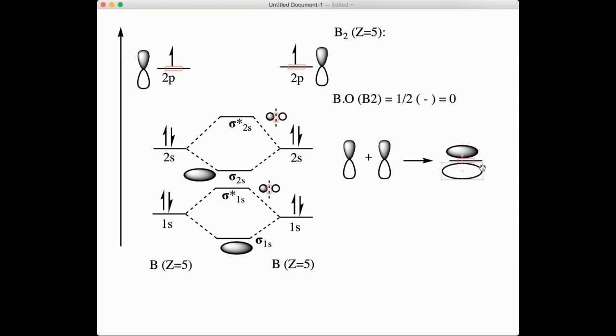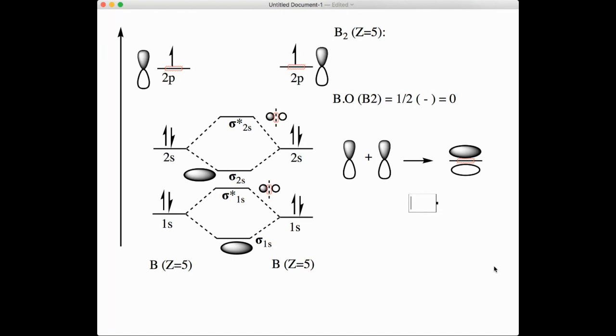That's how this molecular orbital is going to look. And how did we name in the previous class a molecular orbital looking like this? How did we label that molecular orbital, guys? Pi molecular orbital, that is correct. So that's a pi bonding molecular orbital.